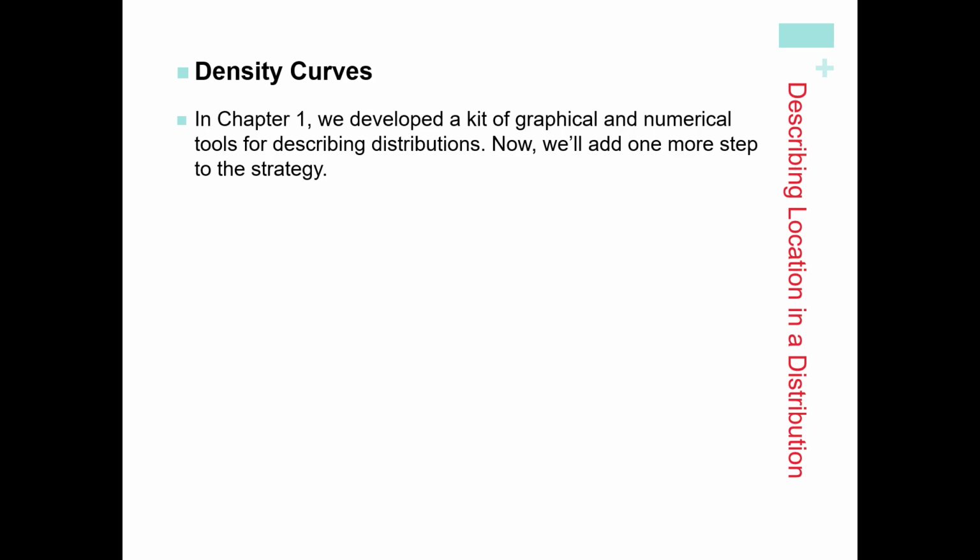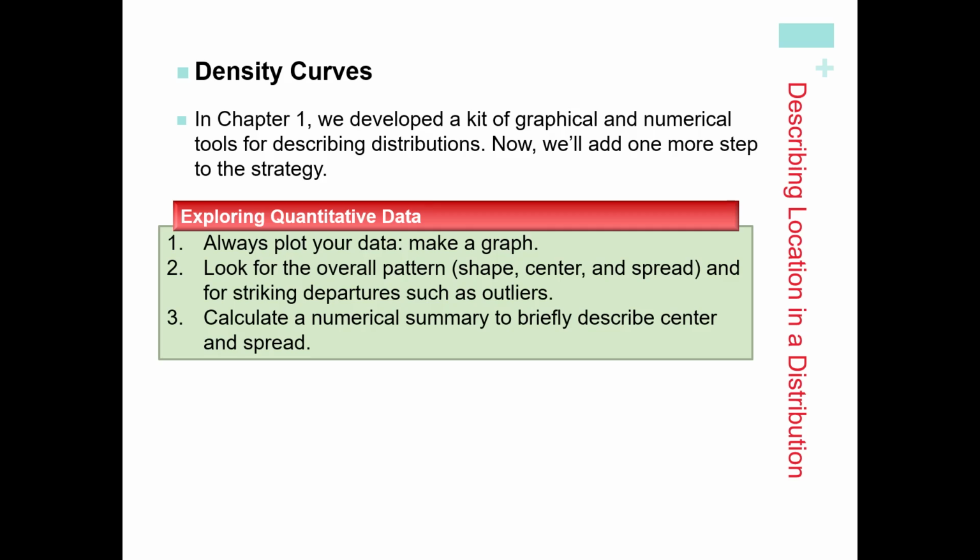And now we're going to talk briefly about density curves. So here's some stuff we talked about in Chapter 1 with a sort of toolkit for graphical and numerical tools for describing distributions. So the first thing we want to do is always plot our data. So you should know by now how to make a couple kinds of graphs, whether those are dot plots, stem plots, histograms. We talked about ogives last time.